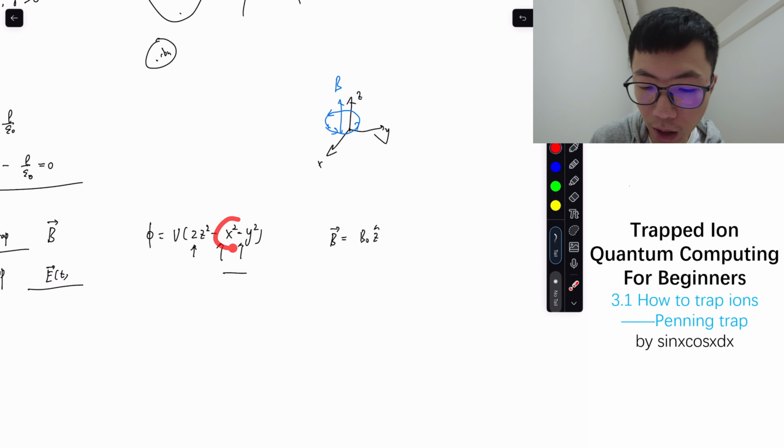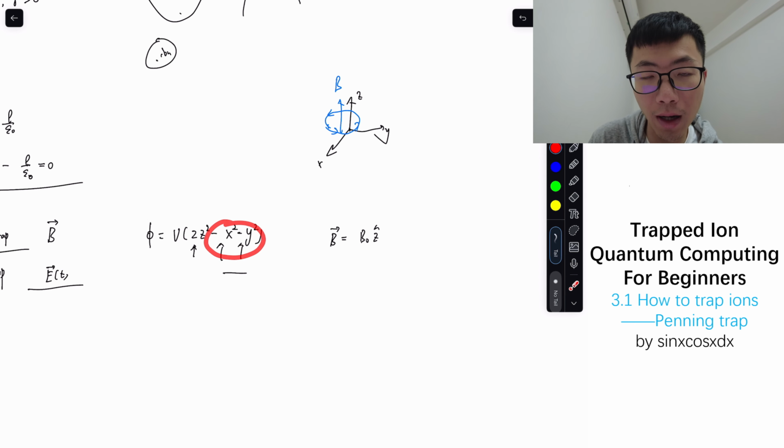However, we have a repelling force generated by the static electric field, which we have no way to avoid.